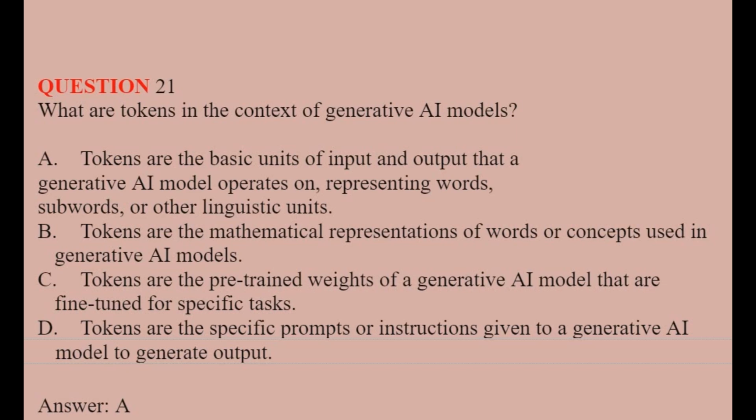Option C, tokens are the pre-trained weights of a generative AI model that are fine-tuned for specific tasks. Option D, tokens are the specific prompts or instructions given to a generative AI model to generate output. Correct answer is option A.